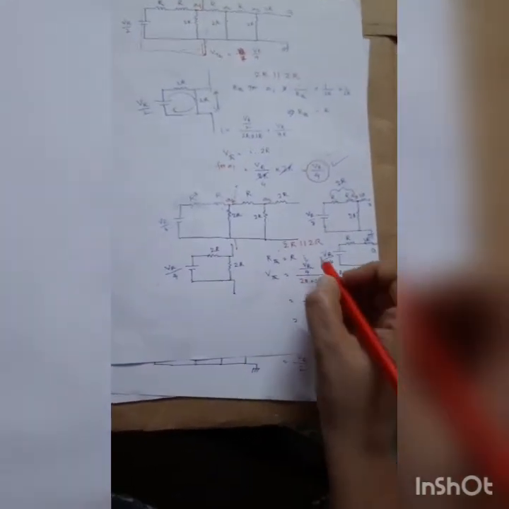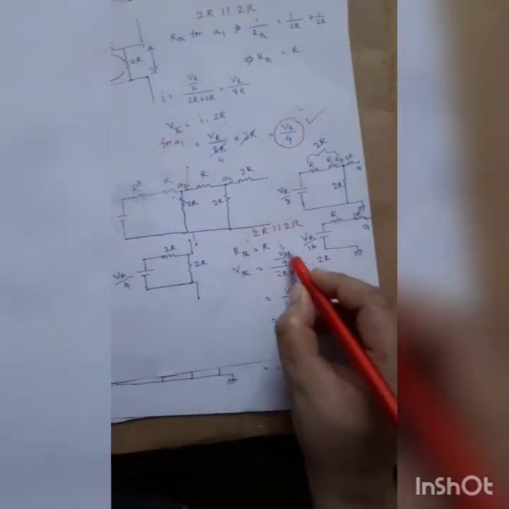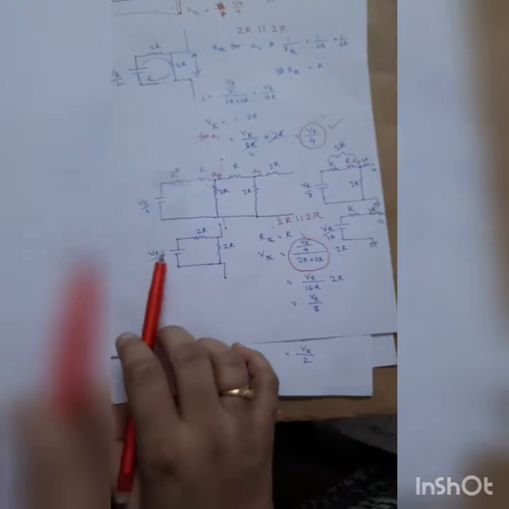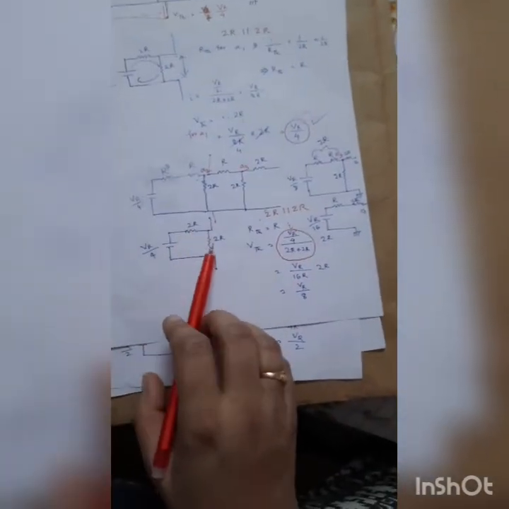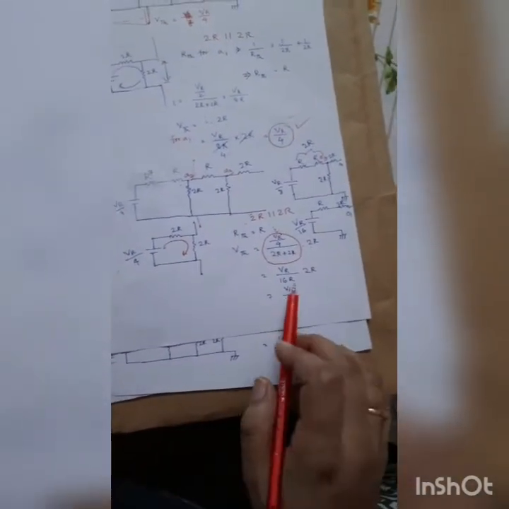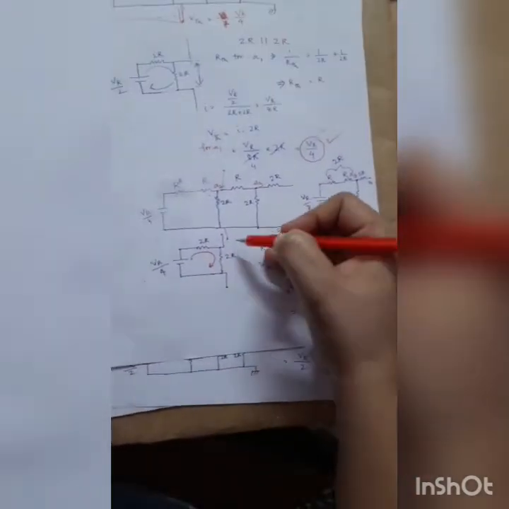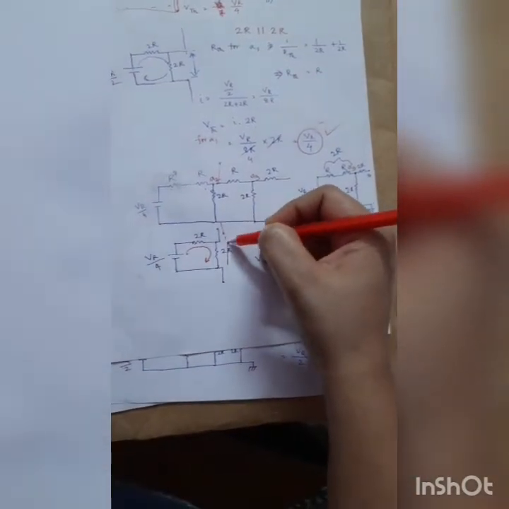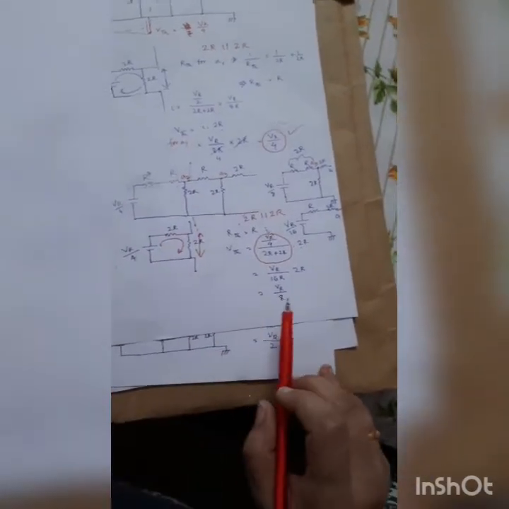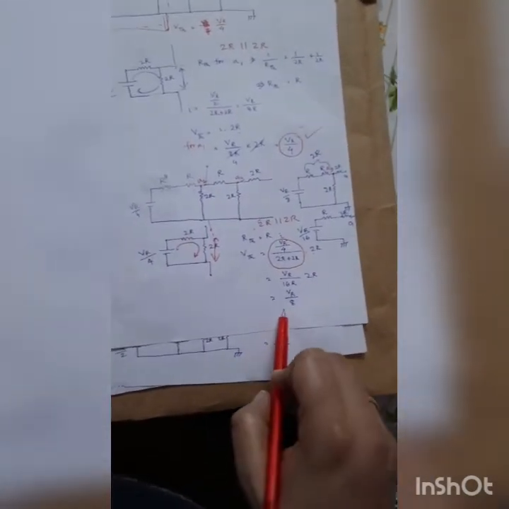The current I is this, with the voltage VR by 4 across these 2 resistances, because current flows through this path. So this is VR by 16R, and we are calculating the voltage drop across these 2 points, so only this 2R is considered. So 2R, giving VR by 8. Now the VTH will be VR by 8.